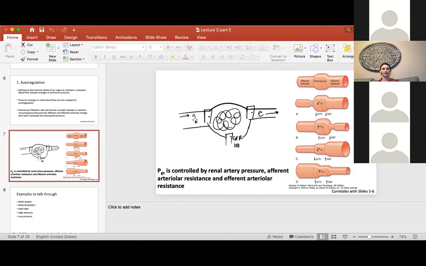A different scenario: if we barely open our front door but keep our back door wide open, there are fewer people able to make it into the party, and they're all leaving out the back door because it's wide open. So our GFR will be decreased. You can think of these scenarios and go through them, and that's a way of thinking about your GFR.